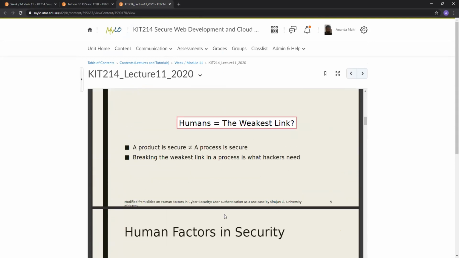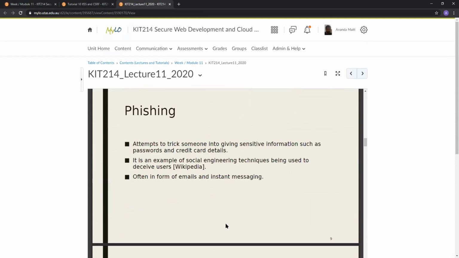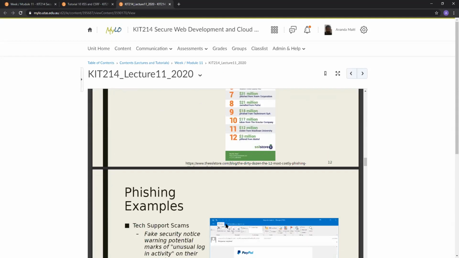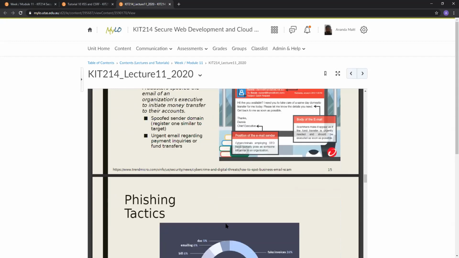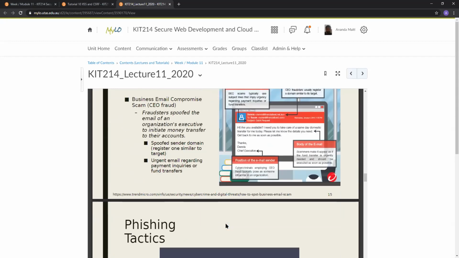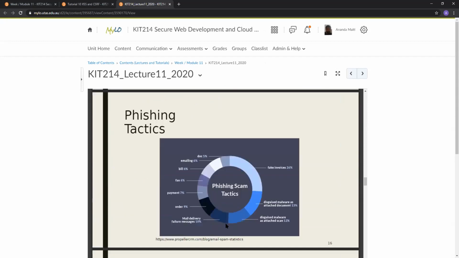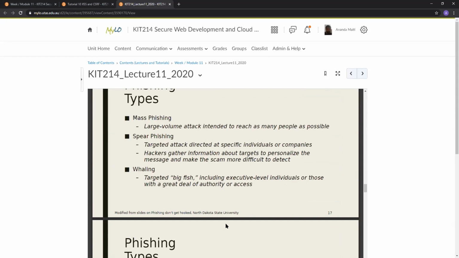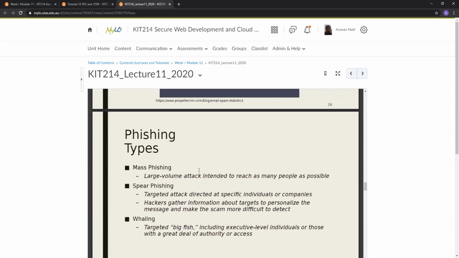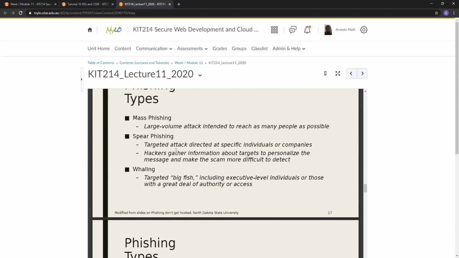So then we look into the human factors, like phishing examples, how people fall into phishing attacks. There was a phishing tactics part. That's good learning stuff.